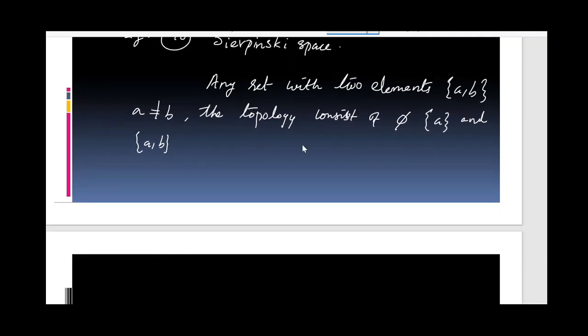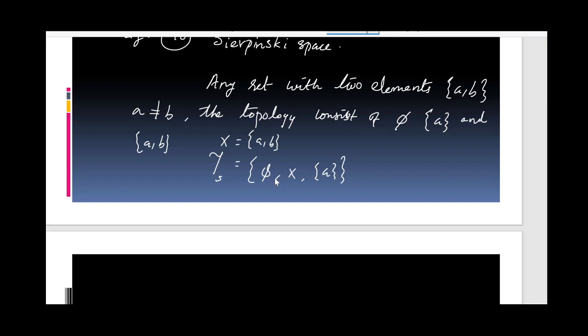So this will form a topology, evidently, right? Suppose we denote this as T equal to {empty set, X, singleton a}, where X equal to {a, b}. Will it form a topology?